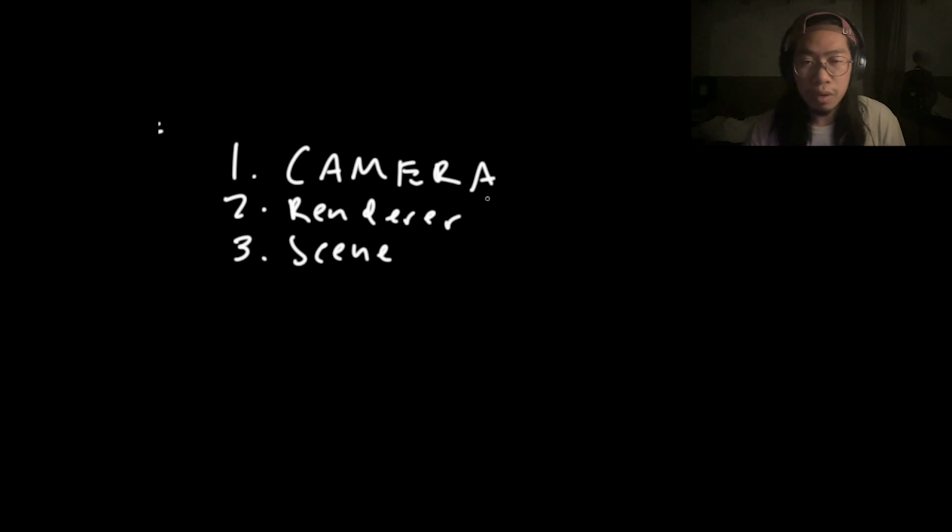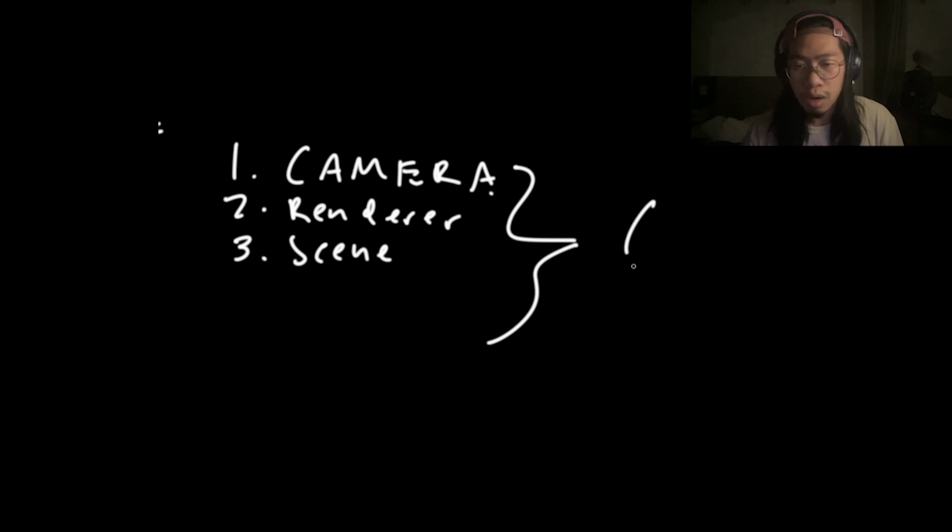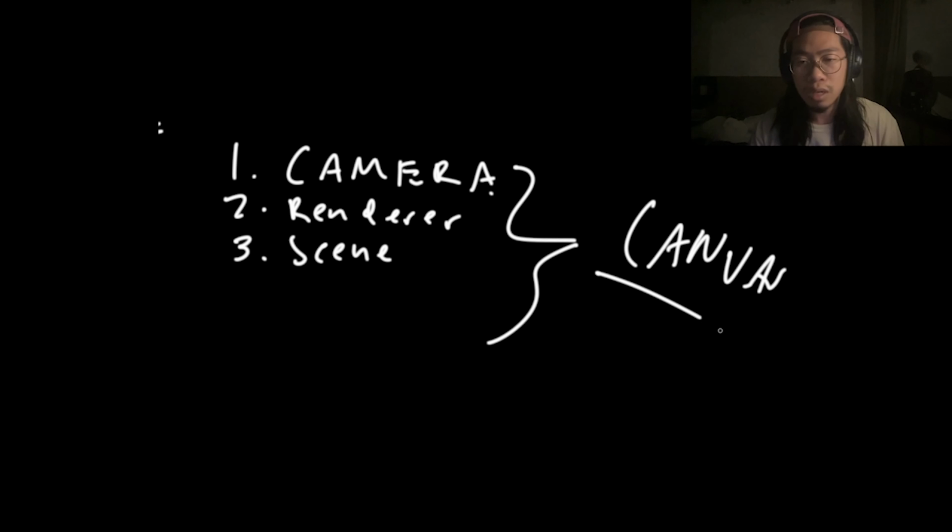And all of this is going to draw to a canvas element in HTML. So everything's going to come down to this canvas. The stuff you put in the scene is going to go to the renderer, and the renderer is also going to take the camera settings, and you're basically saying, all right, this is what we want to output, and it's all going to go into a single canvas element, more or less.